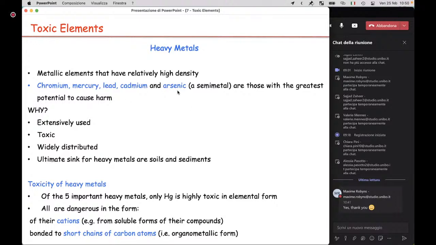Why those metals and not other metals with similar weight, with similar density, are the most important, the most dangerous? Because they are very frequently used in industries, in the manufacturing of some products. They are very toxic, and they can be distributed all over the body once they are absorbed.